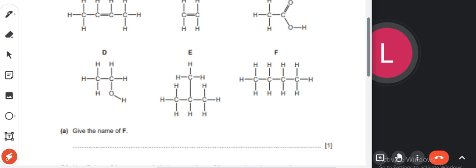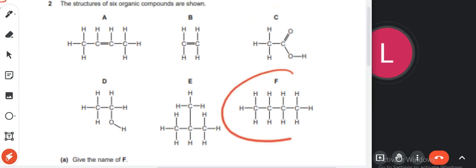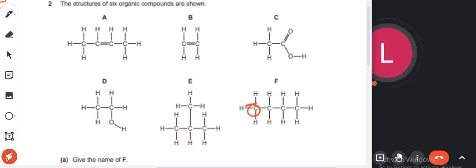Then it says give the name of F. This is F. Obviously, F has 4 carbon atoms with single bonds. So that's butane. Single carbon-carbon bonds, so it's a butane.